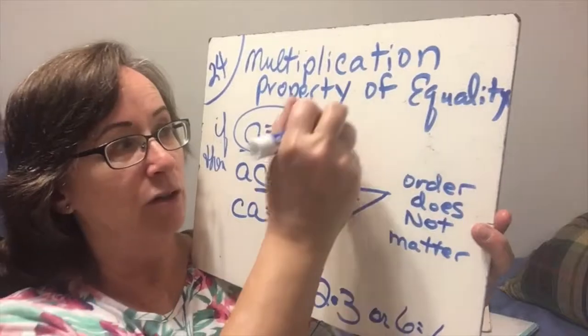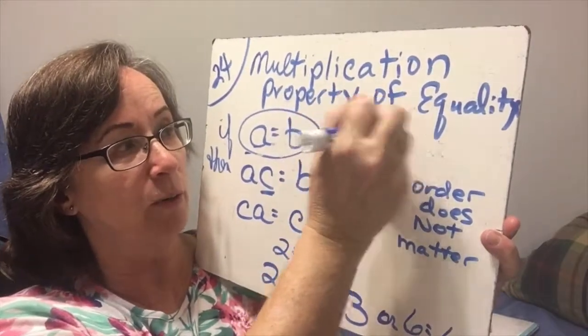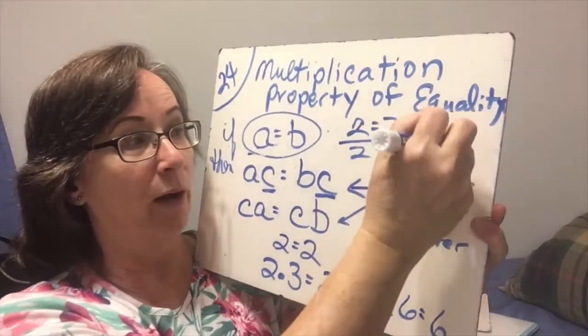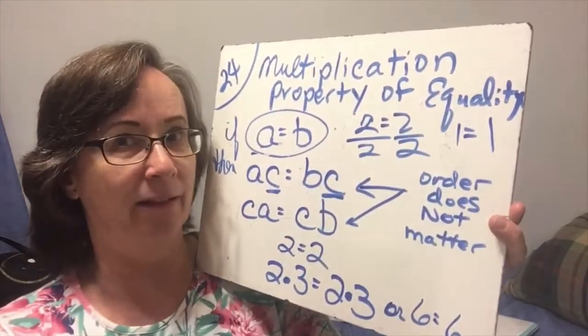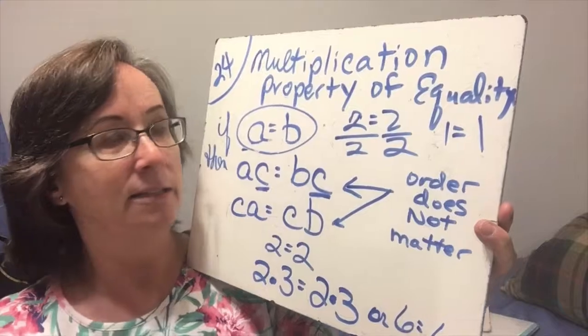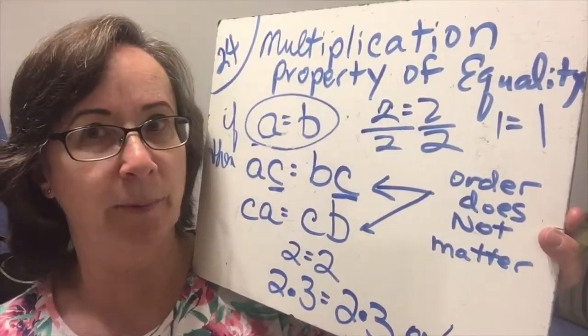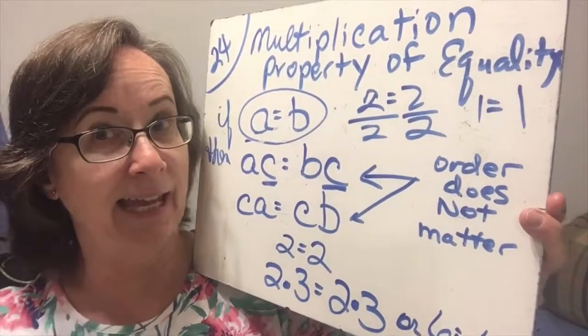Okay, if I had 2 equals 2 and then I divided both sides by 2, then I would have 1 equals 1. Still true. So you could summarize the multiplication property of equality to say this.